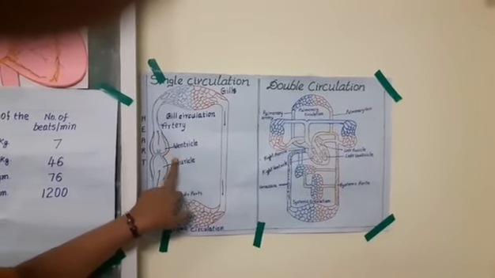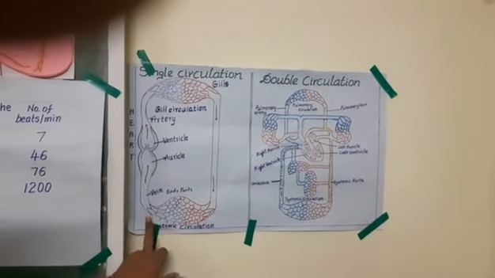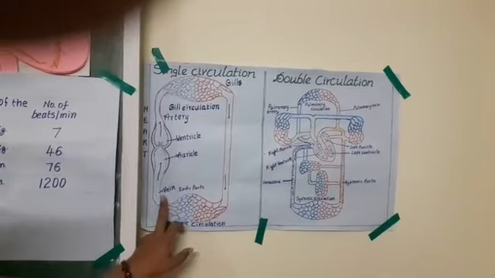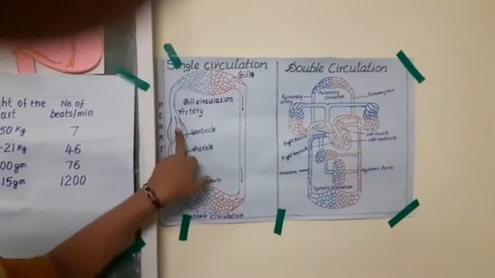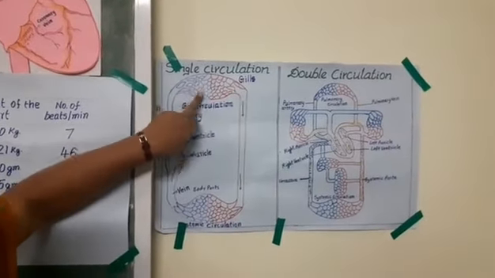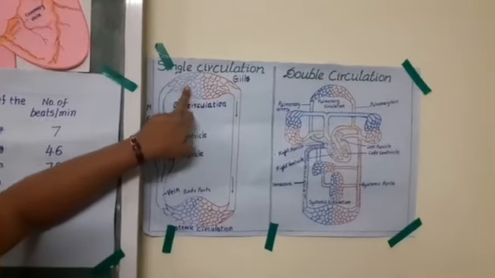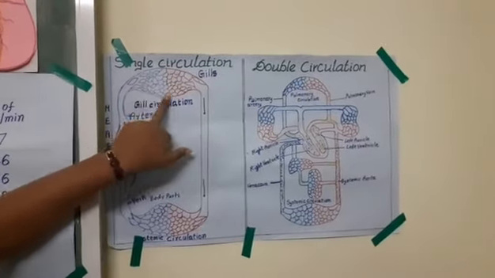The deoxygenated blood from all the body parts is taken by the vein and opens into the auricle. From the auricle it goes to the ventricle. Then from the ventricle the blood is carried to the gills by the artery. In the gills we observe the conversion of deoxygenated blood into oxygenated blood.